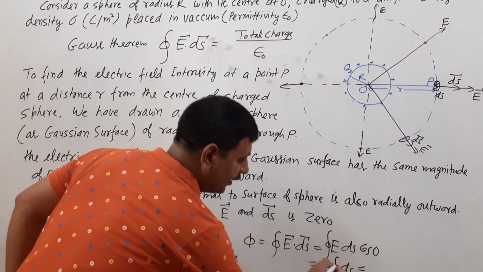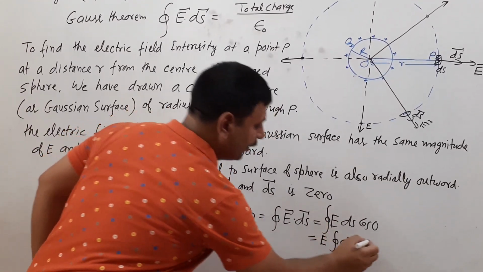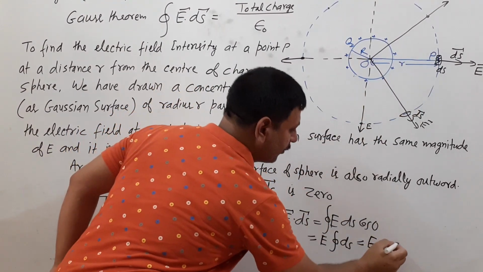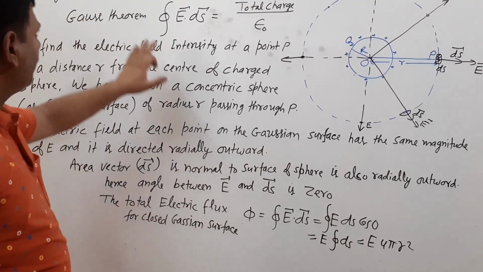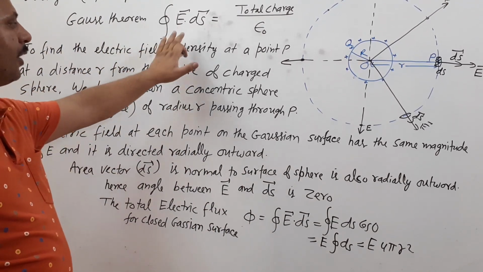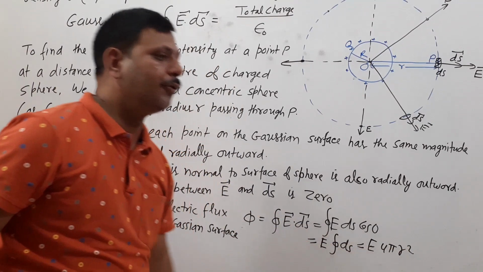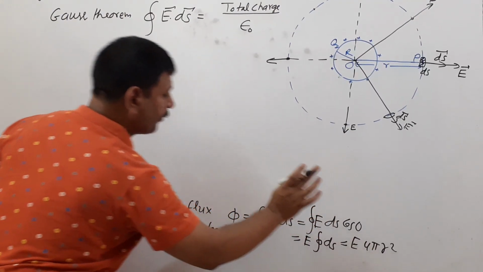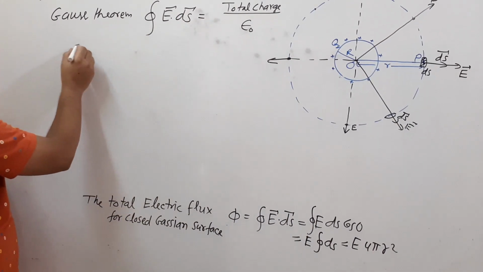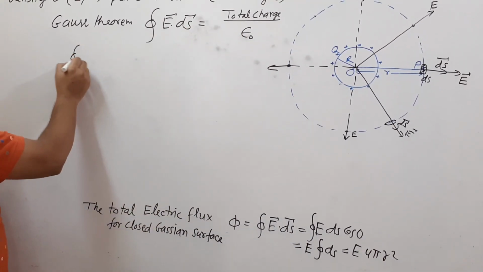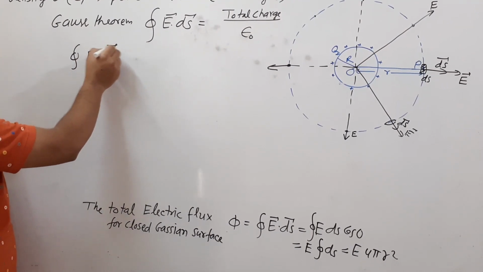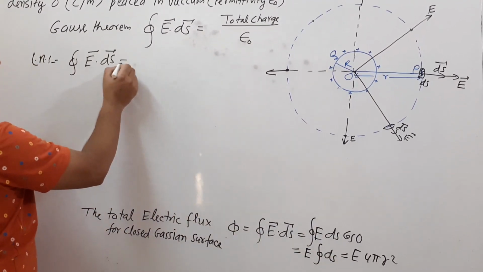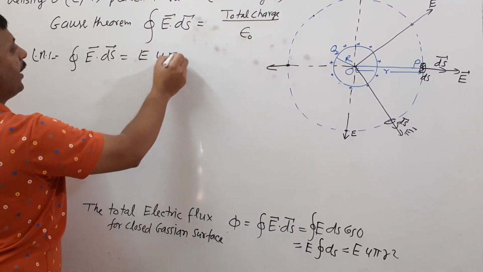So the integration of ds for the closed surface is 4 pi r square, where r is the radius. So the left hand side, the total flux, is E into 4 pi r square.